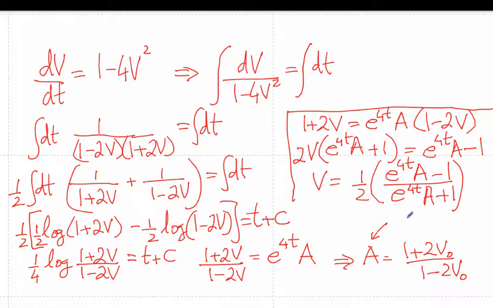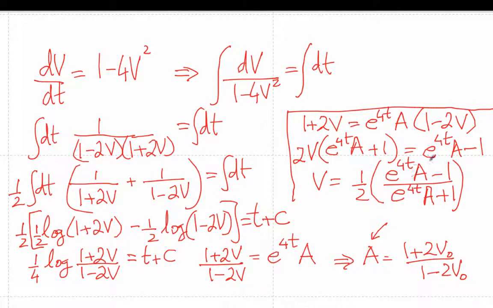Now, let's see what this is telling us. For t equal to 0, you can see that I have a minus 1 over a plus 1, and there's a half outside, and that becomes v naught itself. A second point, and this is the more important point, is that as t becomes larger and larger, e to the 4t times a becomes much, much larger than 1, and similarly downstairs over here as well.